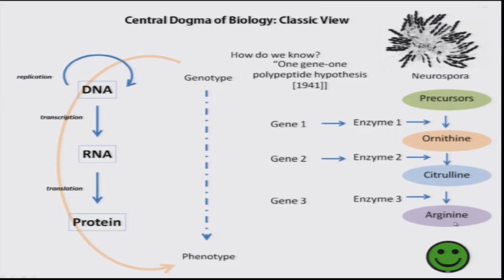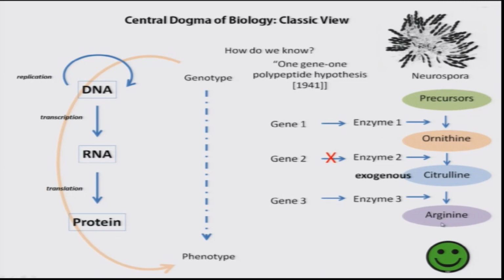So what they showed is that if you have a defect in, for example, one of the enzymes which converts the precursor into the first metabolite, ornithine, then the organism is unable to grow because it doesn't get the amino acid arginine. Likewise, you could have a defect elsewhere. However, if you give this particular compound to the medium exogenously, the organism can overcome the deficiency of this enzyme, since the rest of the enzymes are functioning, and therefore it can convert that into arginine.